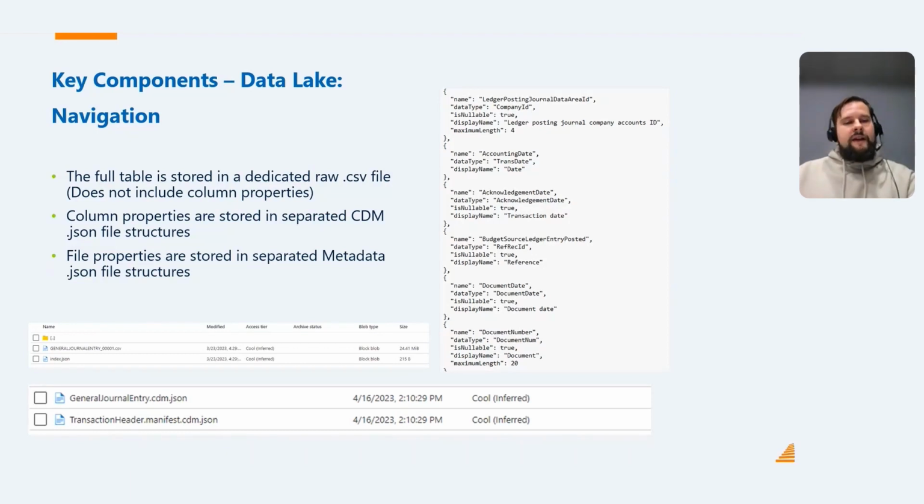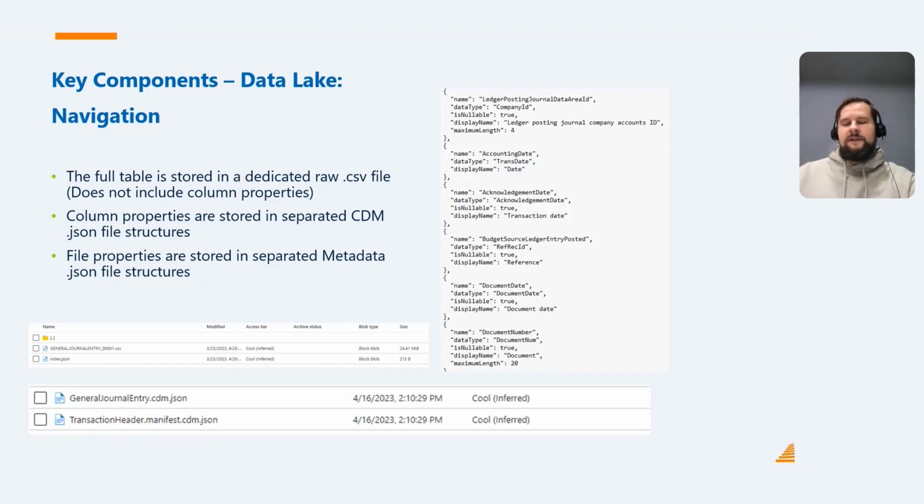Your exports will generate files. Here, for example, we have general journal entry 0001.csv. That is a full table export that was performed. Initially, once we run the initial export, it will create this file, and that will be a CSV structure, and it will only have the raw data.